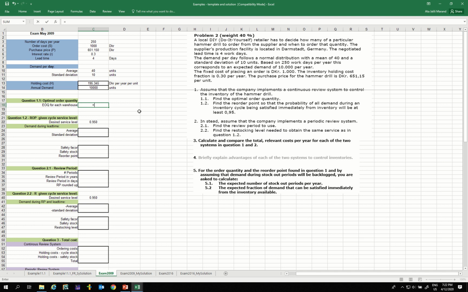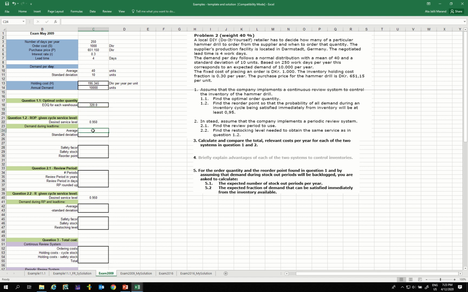So next, EOQ, which is the square root of 2 times B times S divided by H. It is 320. It is the economic order quantity and the optimal order quantity in this case.